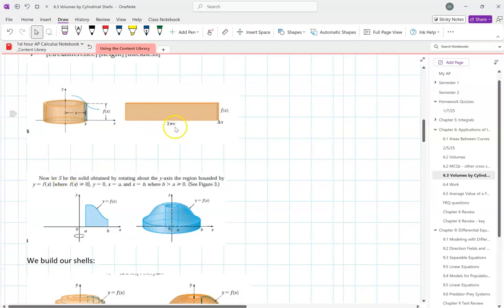So the bottom is the circumference of that circle, right? Because if you take this rectangle and you build it into a circle and connect it, you have that cylinder again. So that bottom edge is the circumference of that circle.